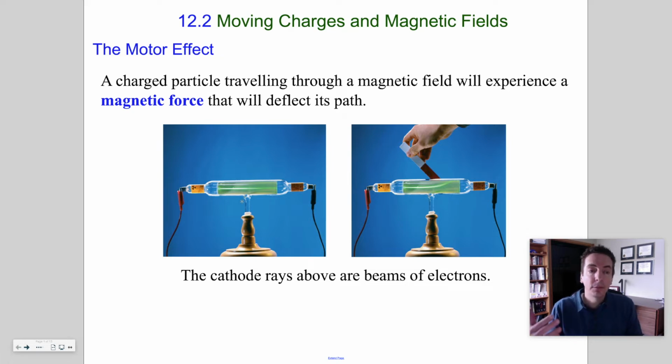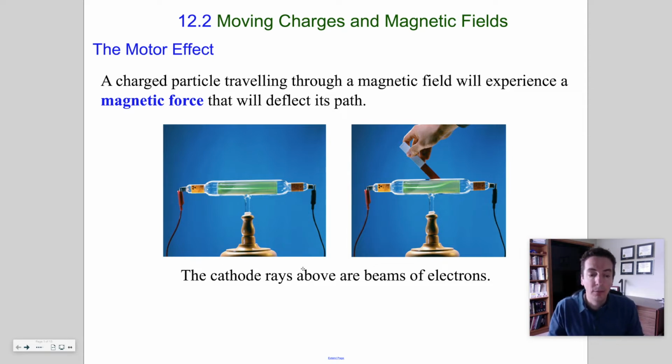And the gas, at low pressure there, will fluoresce. The electrons will collide with some of the atoms in the gas molecule and give them energy, and then the atoms re-release that energy in the form of light. So you can see where the electrons are flying through, and these are called cathode rays.